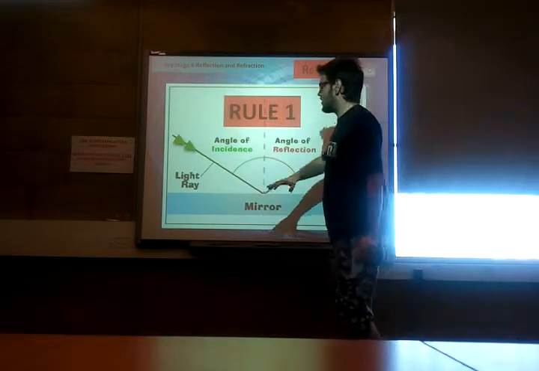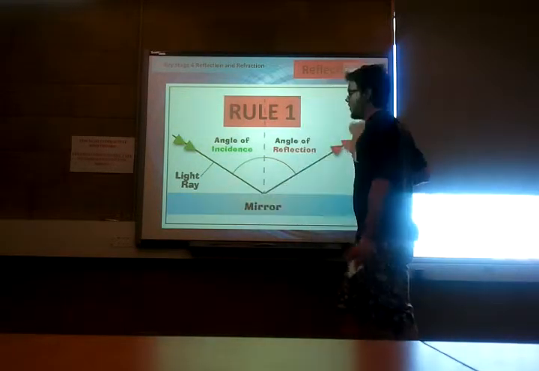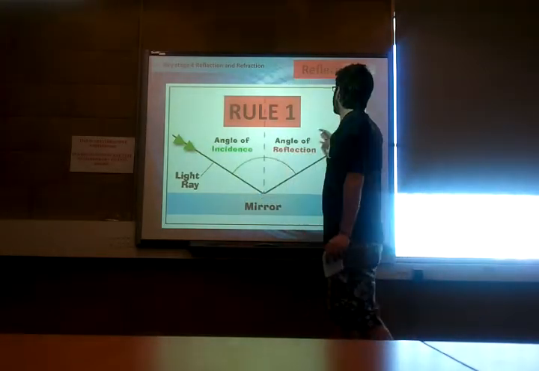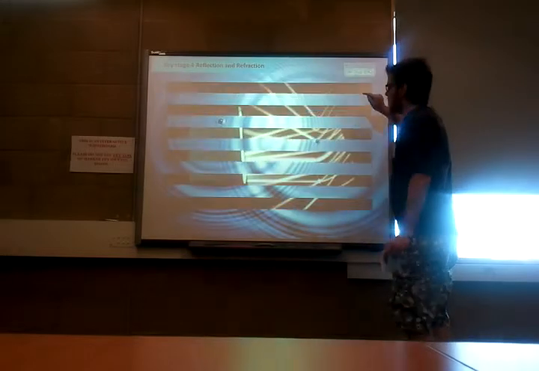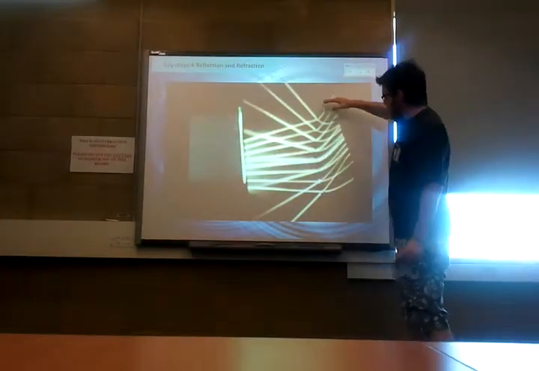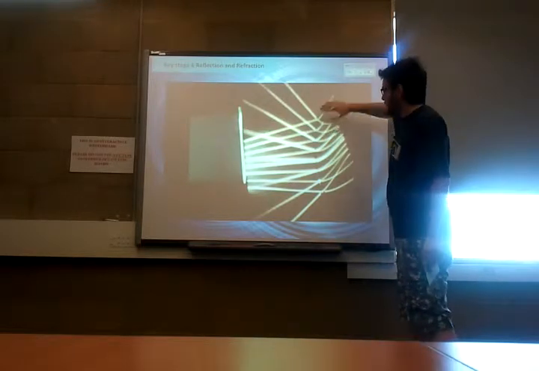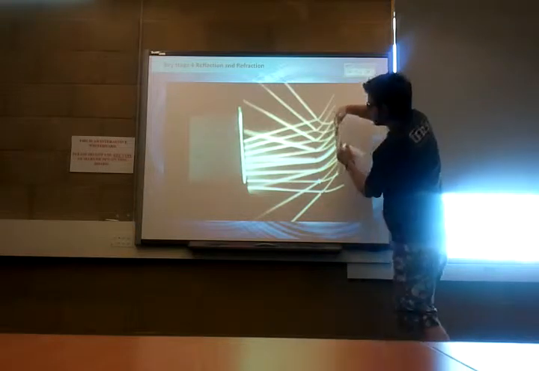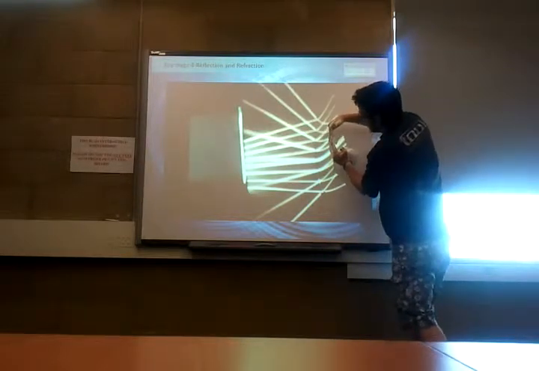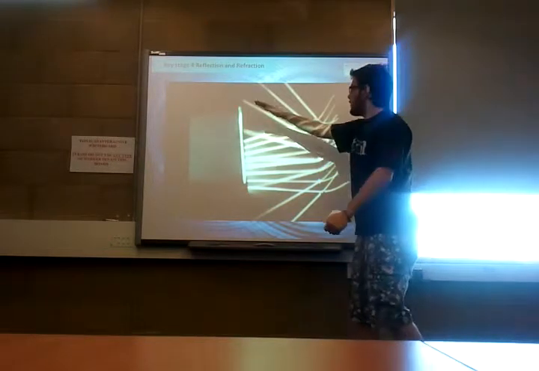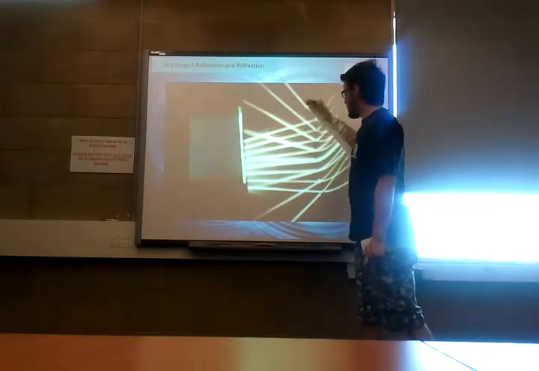Now, obviously not all surfaces are flat, as our nice flat mirror is here. So the angles may not necessarily come off the same way. This is a picture of some light rays going onto a convex mirror. As you can see, as the light rays hit this convex mirror, which is bent outwards like that, because the surface it's hitting is curved, the angle of the light as it goes off is also curved away.